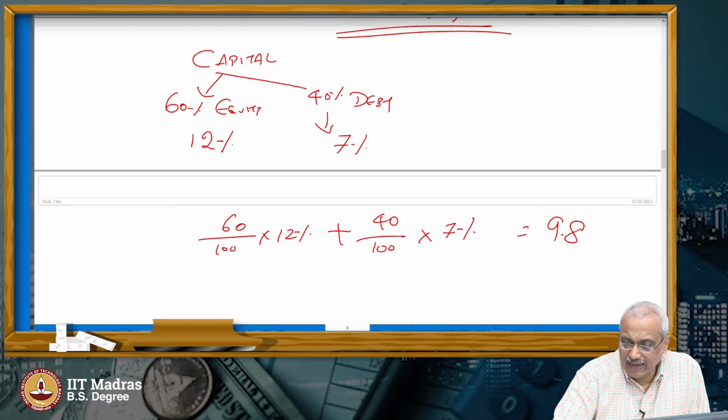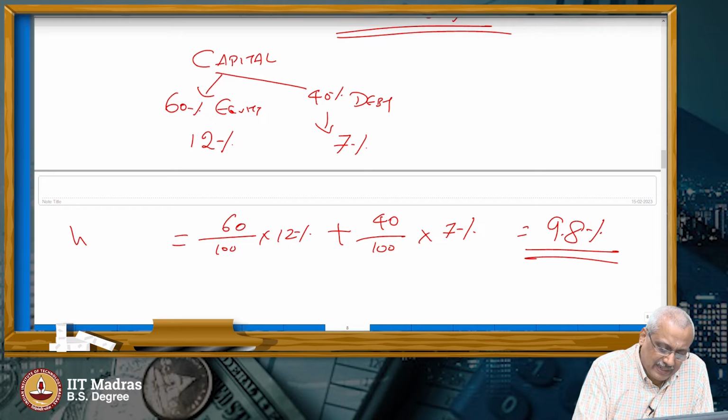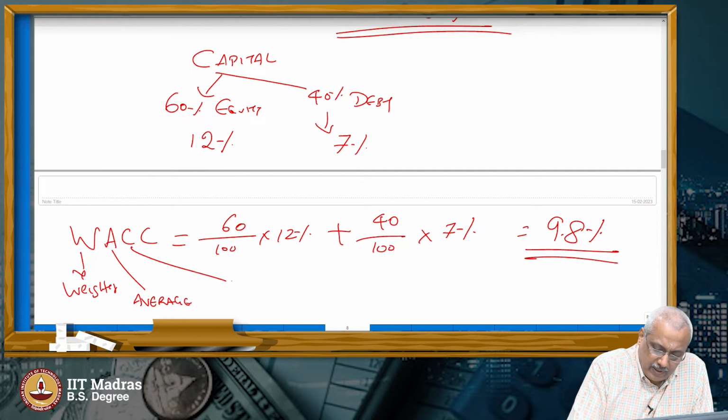That is, my cost of capital is about 9.8%. This is what we call WACC, or weighted average cost of capital.